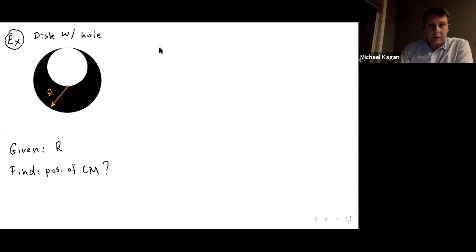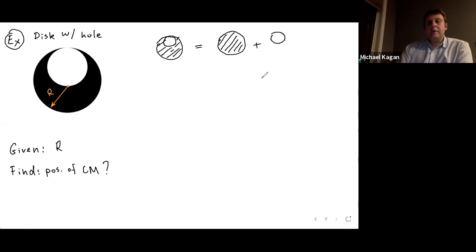The shape equals the whole disk plus a negative mass. So let's say this is big M and this is negative mass, little m. Tell me what little m is in terms of big M, how much of the big mass is the little one.